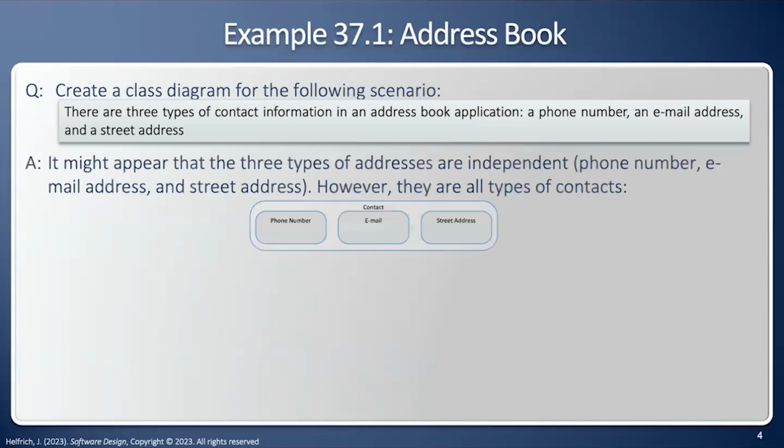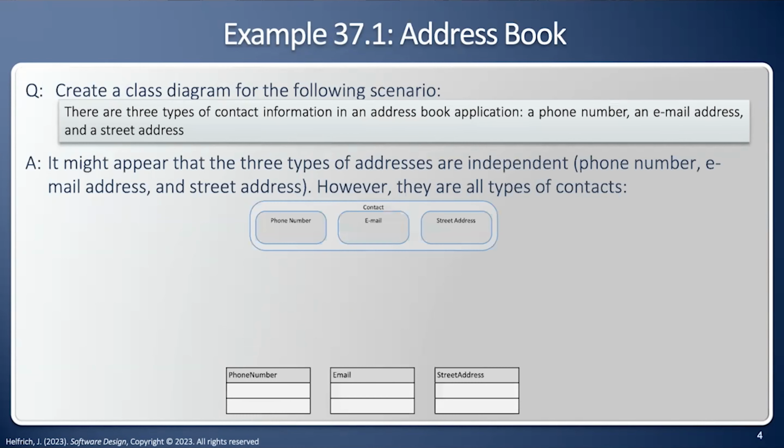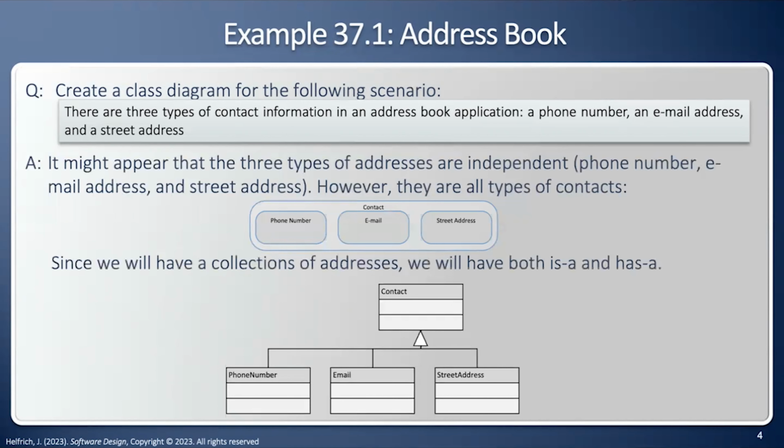And since they're all types of contacts, that sounds to me like ISA. So I'm going to take my phone number, my email, my street address, and relate them by ISA, which is going to be inheritance. Now, since we have a collection of contacts, we have both ISA and HAZA. In other words, the address book is going to have a collection of contacts, and this must be by composition.